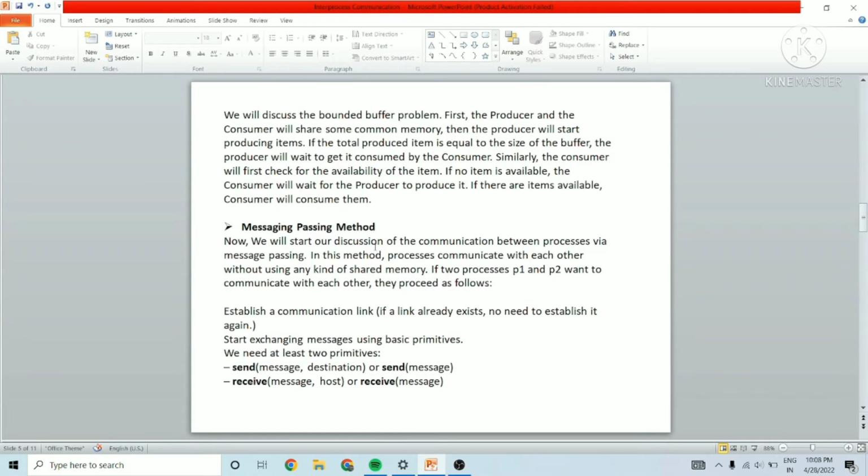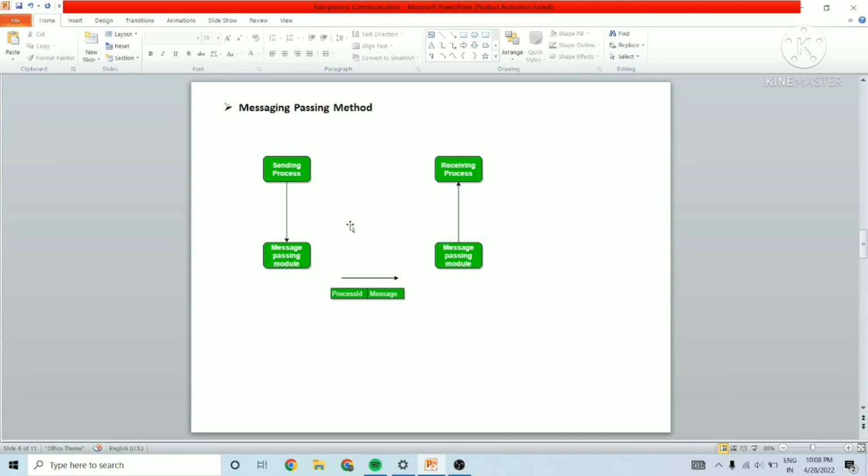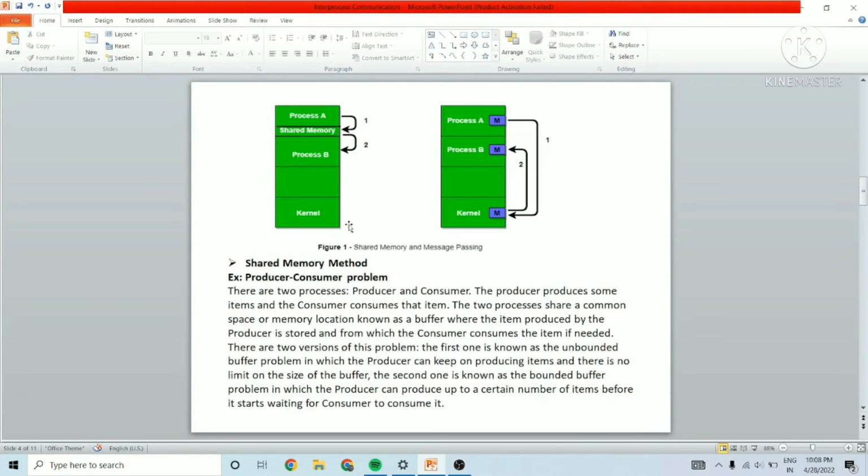Let's discuss with an example. As in the previous example, there is a process PA. In the second diagram, there is a process A and there is a process B. If process A wants to pass its message to B, then it cannot directly pass its message to PB. PA passes its message to the kernel, and the kernel passes the message to PB.